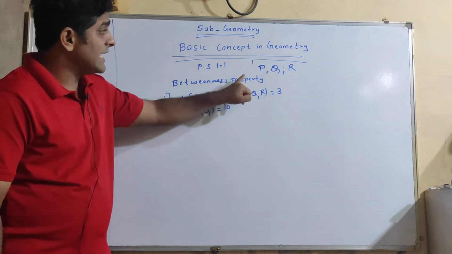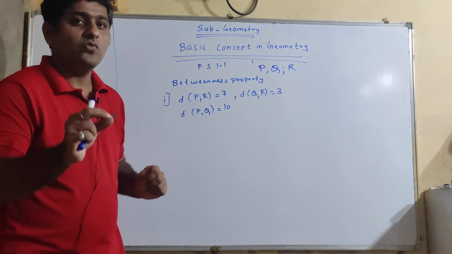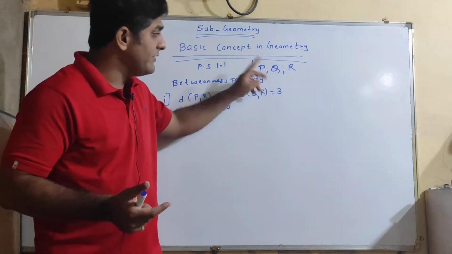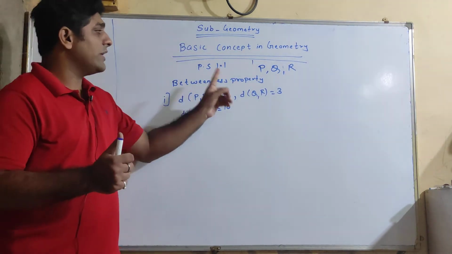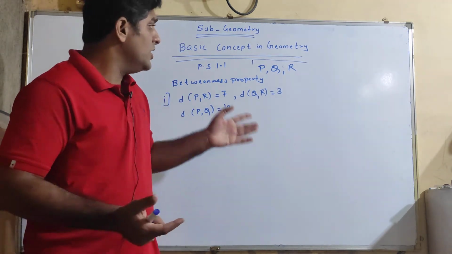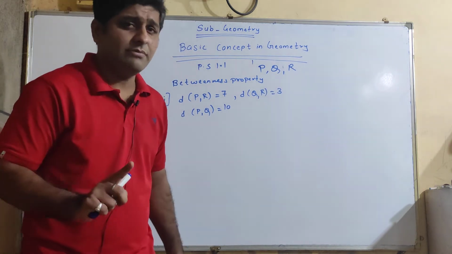Now we need to decide out of these points P, Q and R, which point will come in the middle. Which point will come in between the other 2 points, and that's why we call it betweenness property.